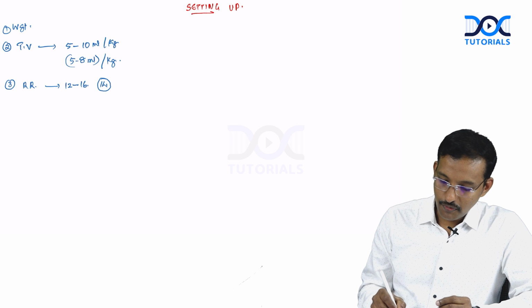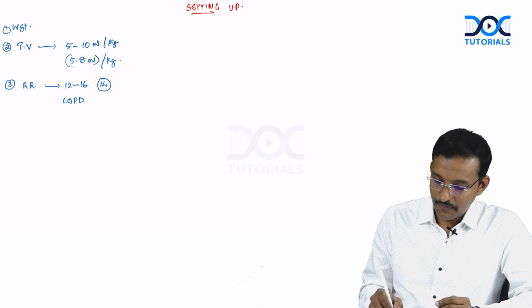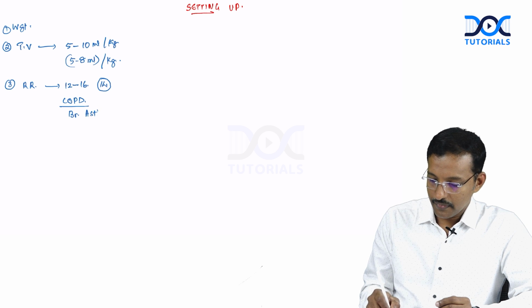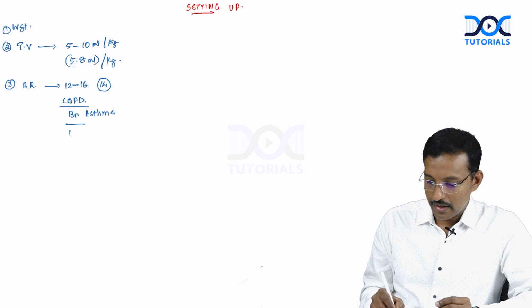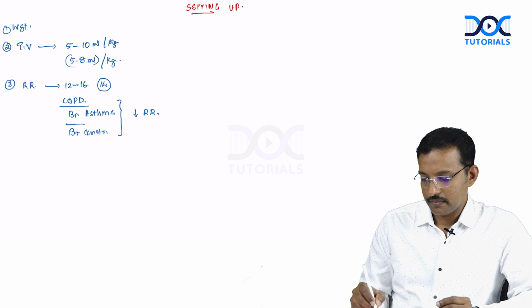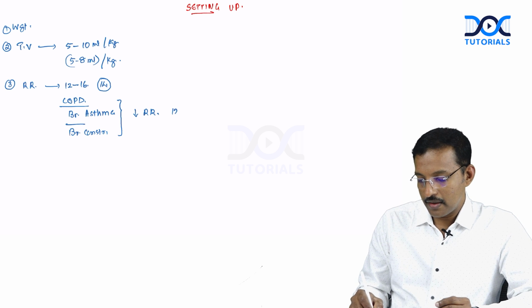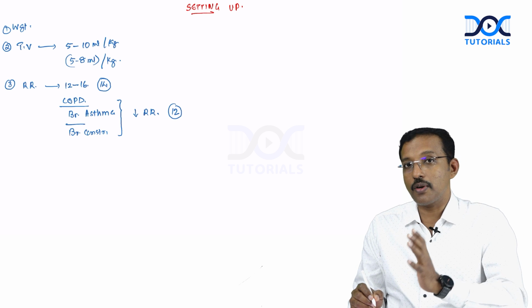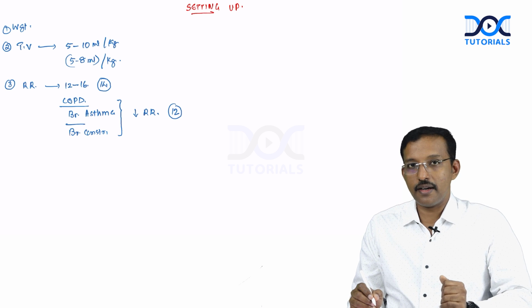For example, if you are ventilating a COPD patient, or a patient with bronchial asthma, or who has bronchoconstriction or takes a longer time for the air to move out, then you should reduce the respiratory rate. You can keep it at 12 in those scenarios. COPD, bronchial asthma, reduce the respiratory rate.